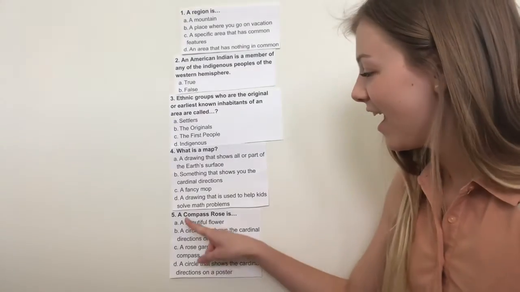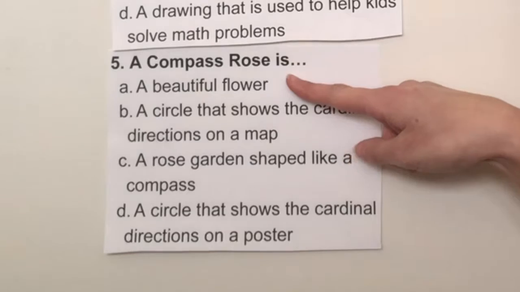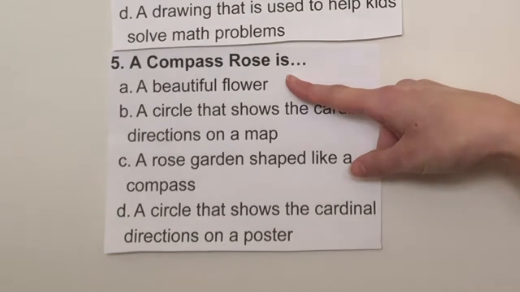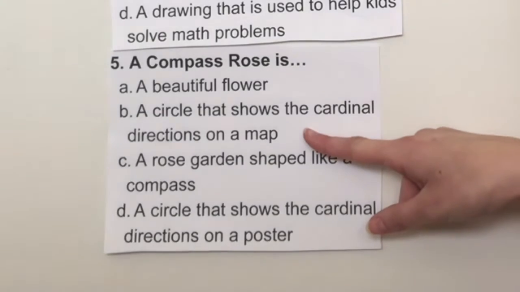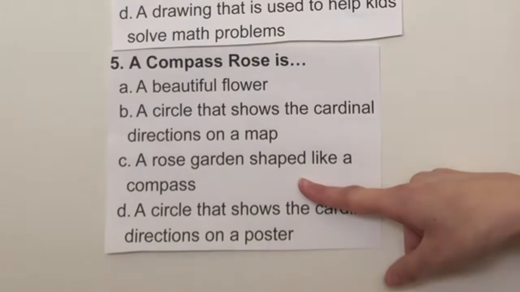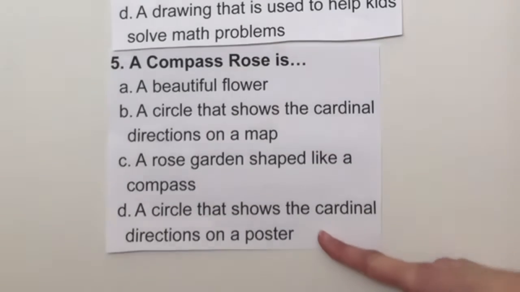Okay. A compass rose is A, a beautiful flower, B, a circle that shows the cardinal directions on a map, C, a rose garden shaped like a compass, or D, a circle that shows the cardinal directions on a poster.